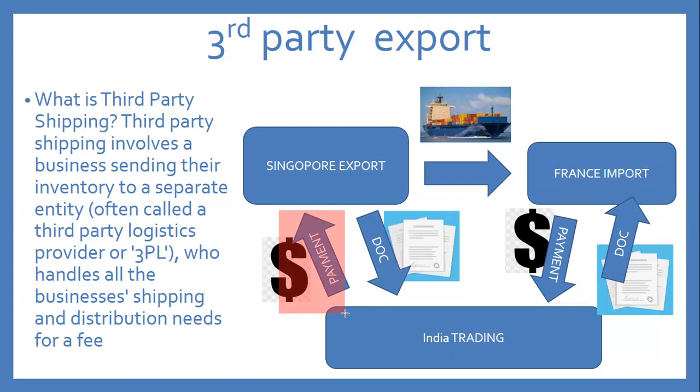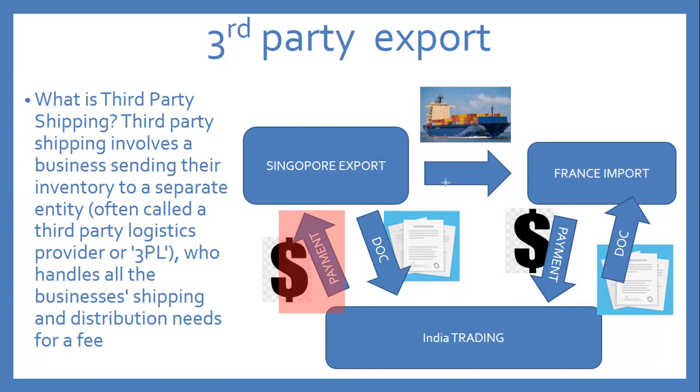The ship is moving on the sea, and it will take at least 1 month. In 1 month we have to complete this activity. So once we make payment to Singapore in respect of the documents, then we need to change the documents for France.